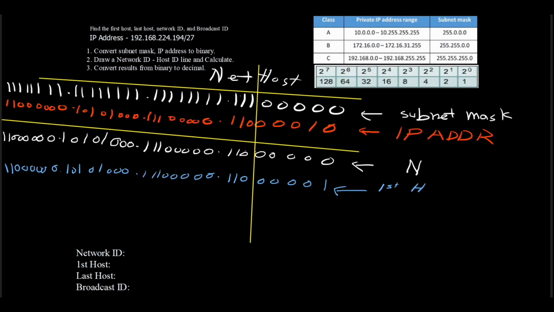So the last host is going to be the highest numbers. To turn the first host into the last host, it's going to be the opposite. So basically all ones here instead of zeros. And where's the 1? It's going to be 0. And this from the left side is going to be the same.